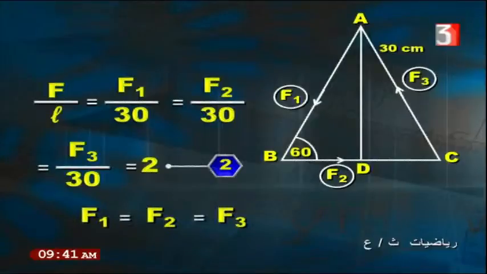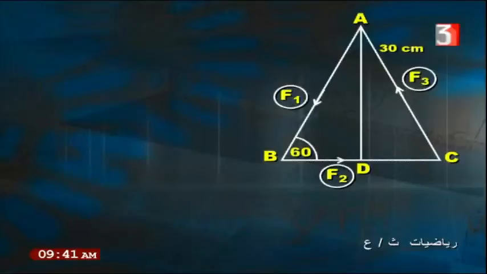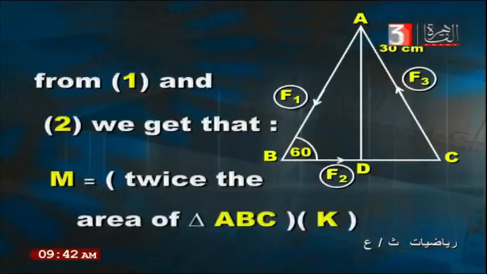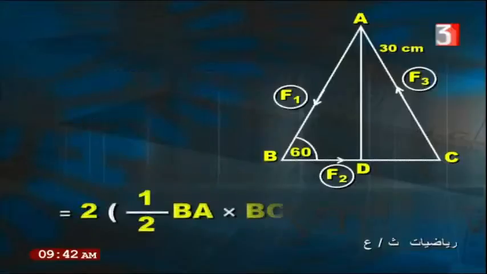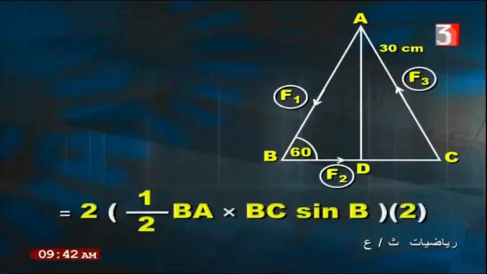Then we deduce that the three forces are equal and the moment of the couple is twice the area of triangle ABC multiplied by the constant ratio K. Then we know that twice the area of a triangle is side times side times the sine of the angle between them: BA times BC times sine 60 times the constant 2.